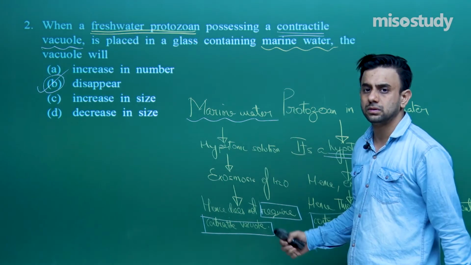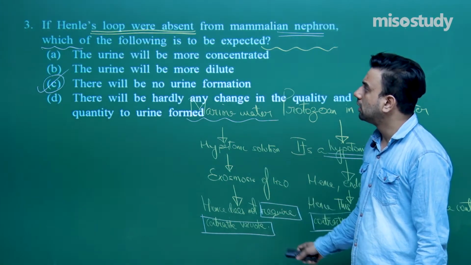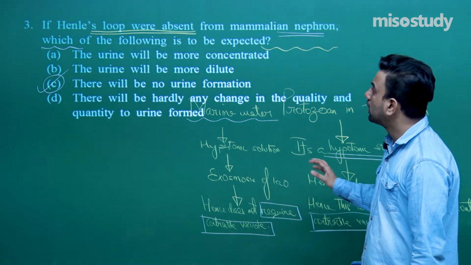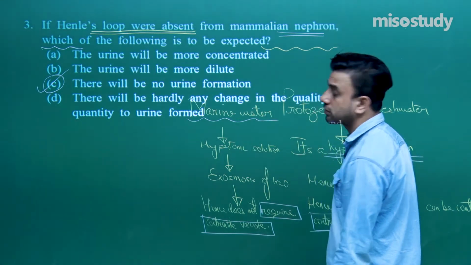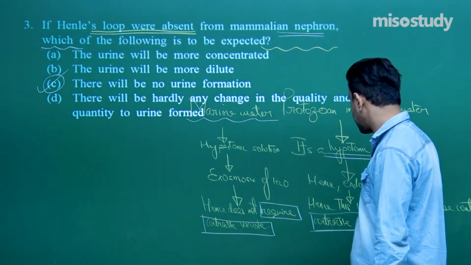Next, what? If the Henle's loop were absent from the mammalian nephron, which of the following is to be expected?